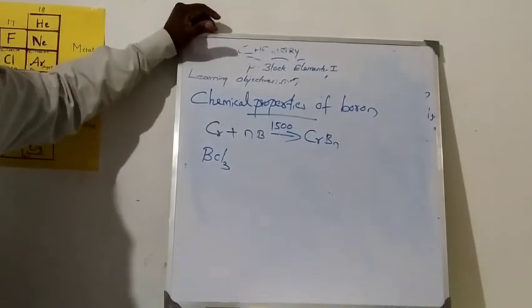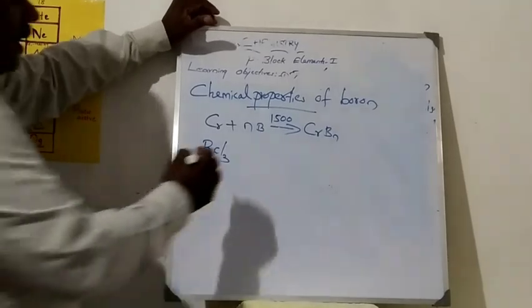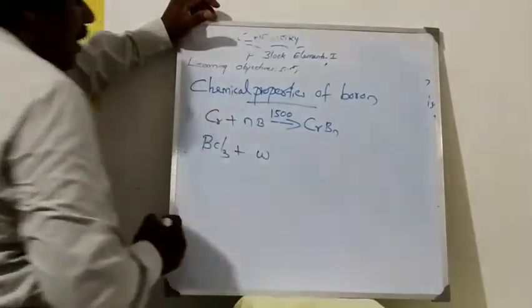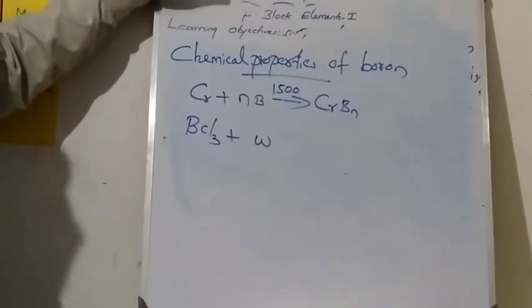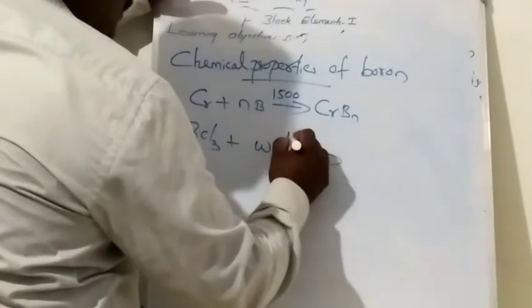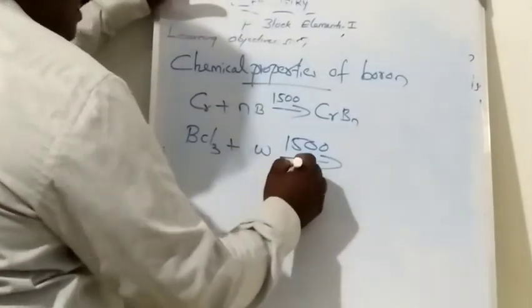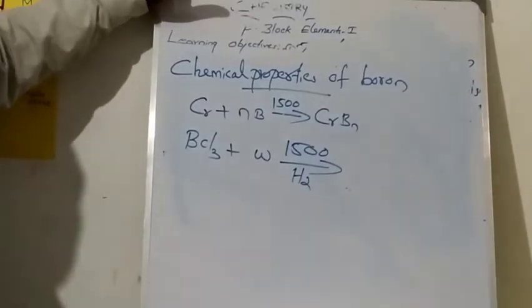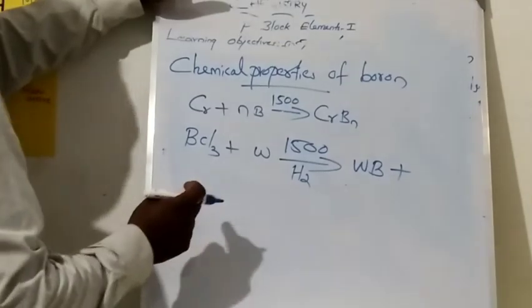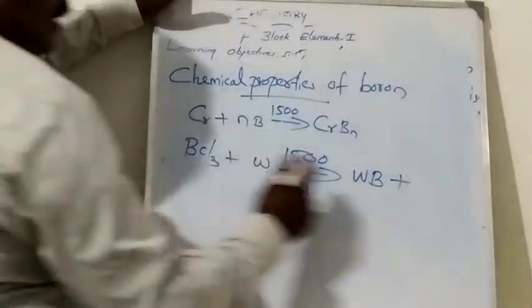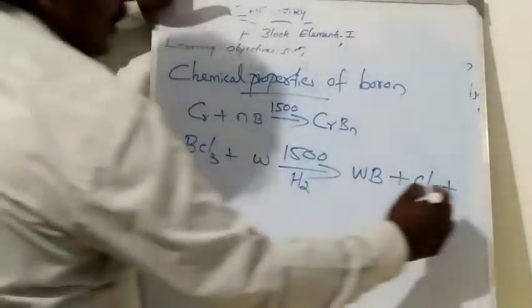BCl3 reacts with a metal; we simply take tungsten, W, at a temperature of 1500 in the presence of H2. We get metal boride, W with boron, and also the evolution of hydrogen combining with chlorine as HCl.